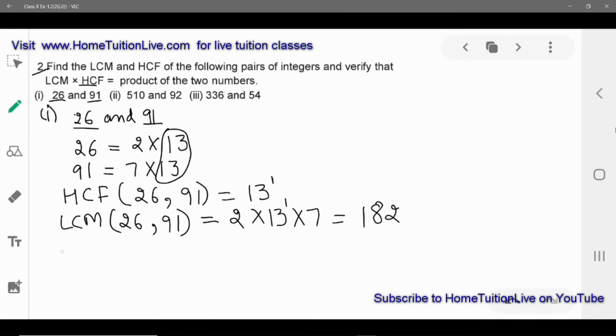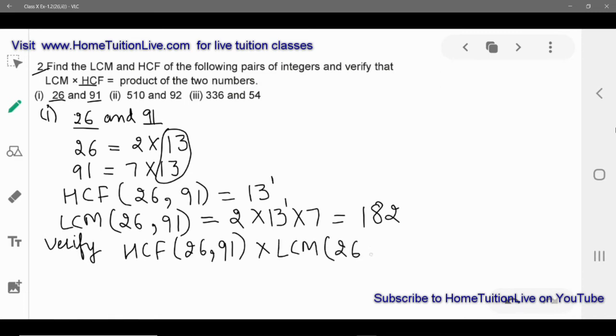Okay, now we have to verify: HCF of 26, 91 into LCM of 26, 91 is equal to the product of these numbers, or we can write it as 26 multiply 91.